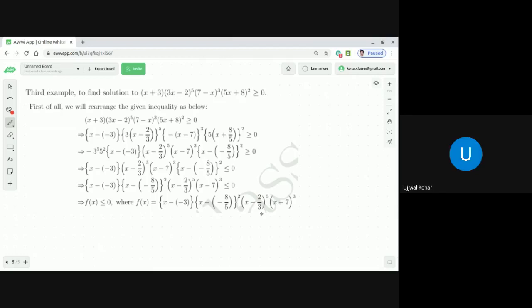Please go through it and justify yourself that it is the correct one, not just because sir has done it. First you confirm that this kind of rearrangement makes sense. After that, we are going to solve it.